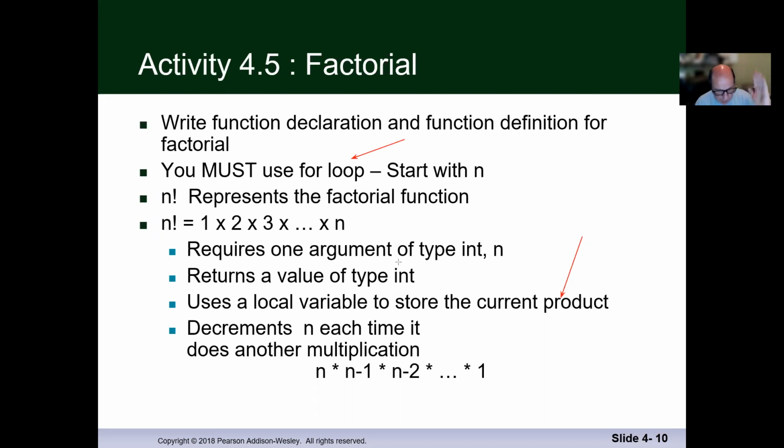That means we are not going to start with 1, we're going to start with n and go backward. So we're going to have n, then multiply it by n minus 1, then by n minus 2, and so on and so forth. Remember, you can start with n, and instead of plus plus at the end, you're going to say minus minus. Okay, so that would be your activity, and we're going to work on it in class when we meet again.